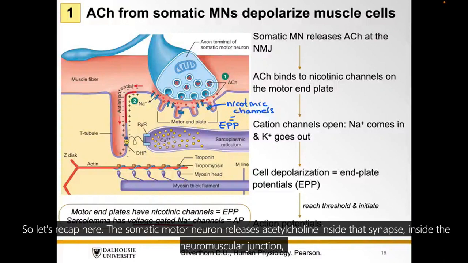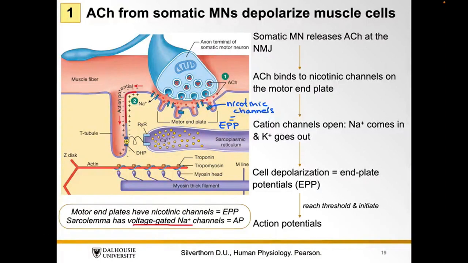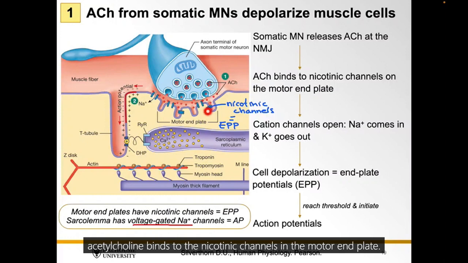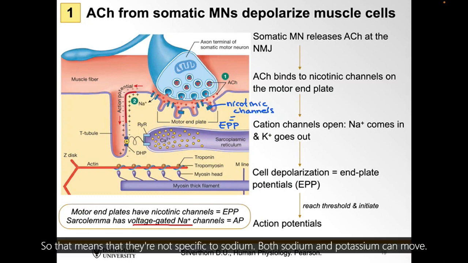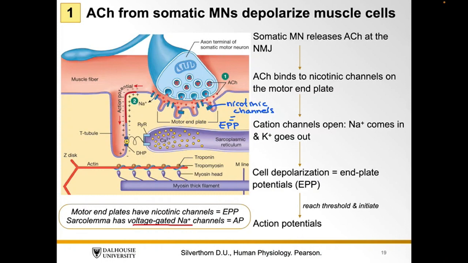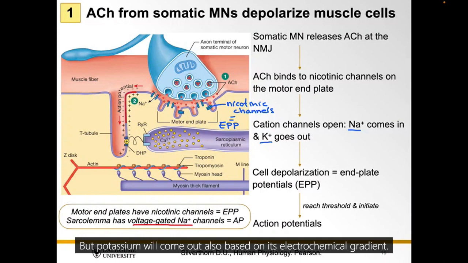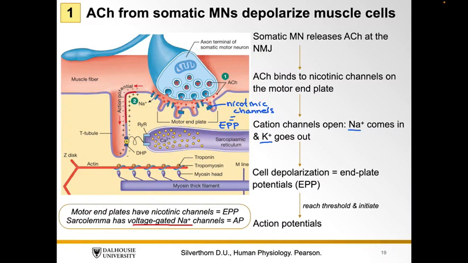So let's recap here. The somatic motor neuron releases acetylcholine inside that synapse, inside the neuromuscular junction. Acetylcholine binds to the nicotinic channels in the motor end plate. And these channels are actually cation channels. So that means that they're not specific to sodium. Both sodium and potassium can move. So when these channels open, sodium comes in based on its electrochemical gradient, but potassium will come out also based on its electrochemical gradient.